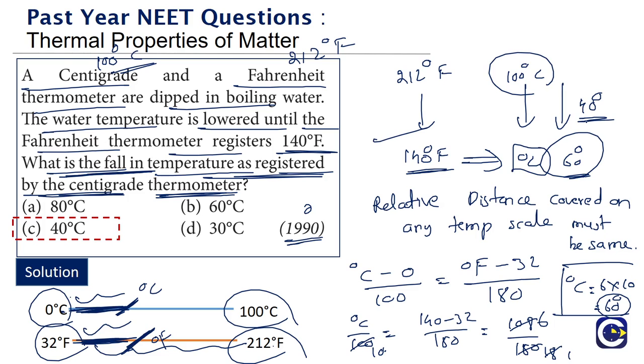Some of us, having done the entire calculation right, will mistakenly just go and tick option B and move on, because we have to be careful while reading the statements. They are not asking us to give the temperature reading on the centigrade scale. They are asking us to give the fall in the temperature as it is shown in the centigrade thermometer. Okay.